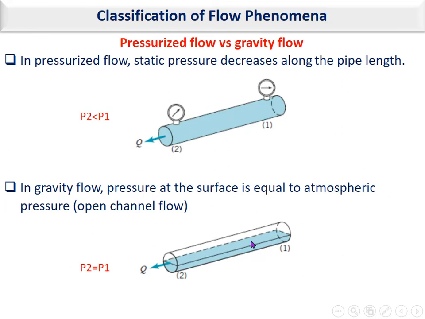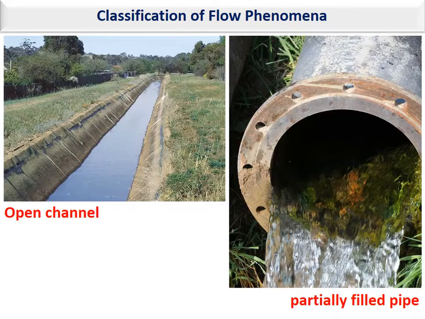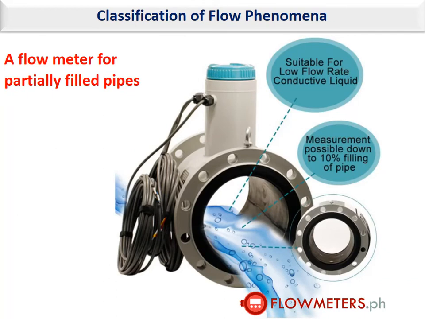But if the flow is in the pipe but it is not full and under pressure, like the one shown here on the right, then it is a partially filled pipe, and the driving force for this type of flow is again gravity. So if the flow is partially filling a pipe, the pressure at the surface again will be 0, or atmospheric pressure.